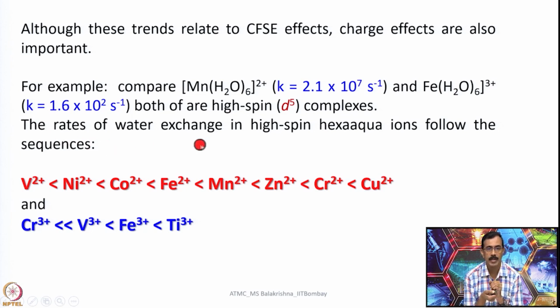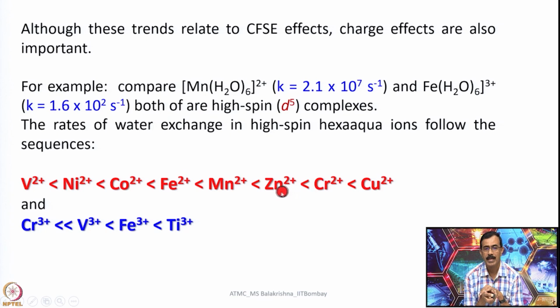The rates of water exchange in high spin hexaaqua ions follow this trend for dicationic species. Of course, this is very similar to the increase in the atomic number. You can see more or less it follows the same pattern, except for these two. Of course, here you should recall d4 and d9, because of the Jahn-Teller effect. The Jahn-Teller effect is more pronounced in these two.